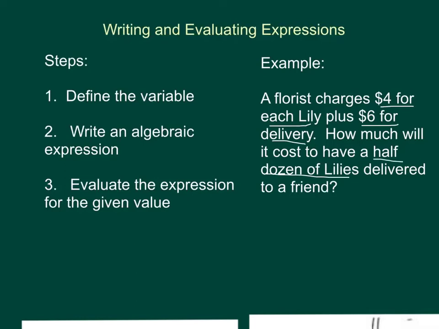So the first thing we need to do is define a variable. I'm going to call our variable L for lily. I know that each lily costs $4, so it would be 4L. It costs me an extra $6 for delivery, so I'm going to add 6 to it.